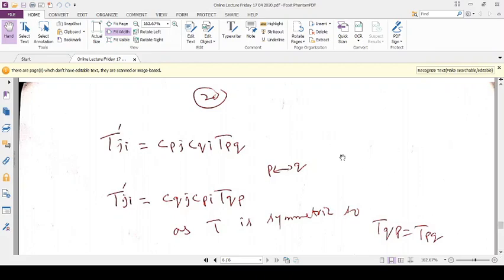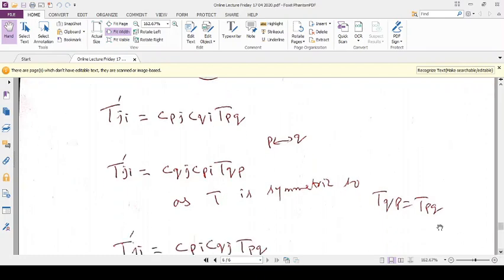And we are given that T is symmetric, and if T is symmetric, then Tqp will be equal to Tpq. So this is the property of a symmetric tensor, and we are given that T is symmetric, so you can write Tqp equals Tpq.